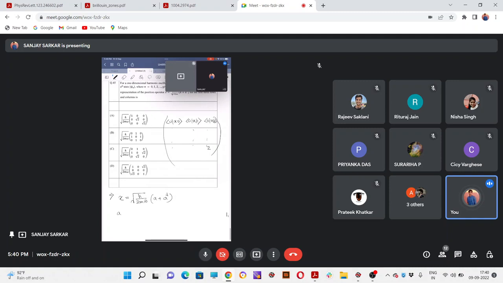We'll use these two properties, that a dagger psi n gives root n plus 1 psi n plus 1, and a acting on psi n will give us root n psi n minus 1.